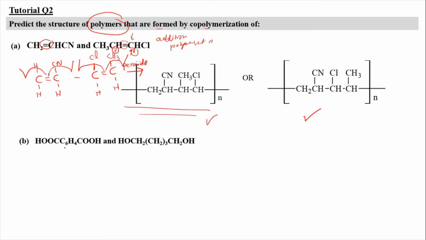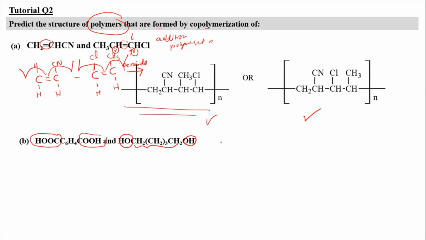Now we're going to do the polymers for part B here. So we have our C6H4, and then it has carboxylic acid and carboxylic acid. Okay, so hexanedioic acid, and then they have a structure here, and then it is attached with a hydroxyl group and also a hydroxyl group. So you don't have to worry about the naming, because what's important here is you need to know what is being eliminated.